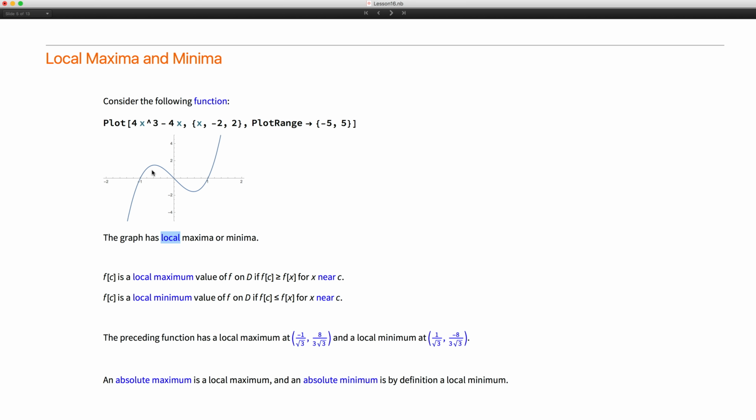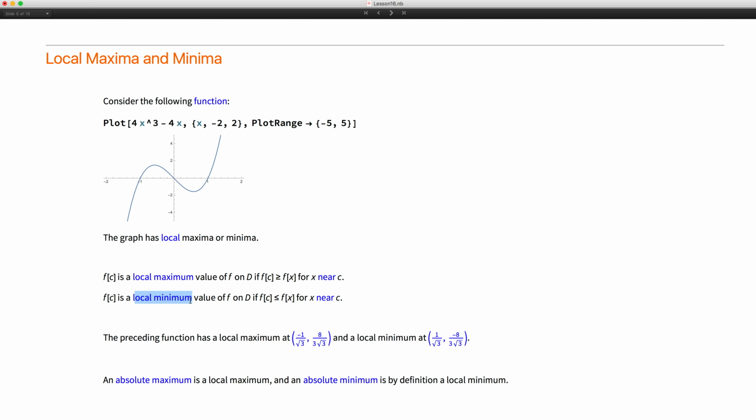That's a local maximum over here, and that's a local minimum over there. But if you go far away enough, the values will go up or go down dramatically. So the idea of a local maximum is that you have a value f of c which is more than other values for x near c, and similarly for local minimum.